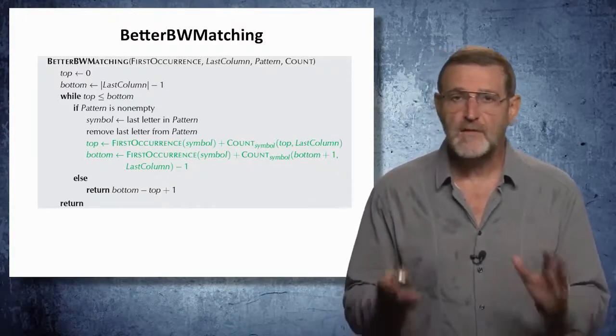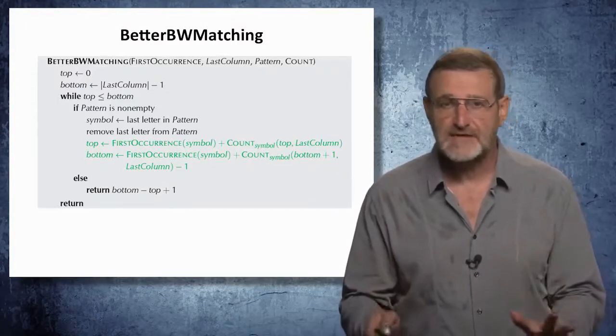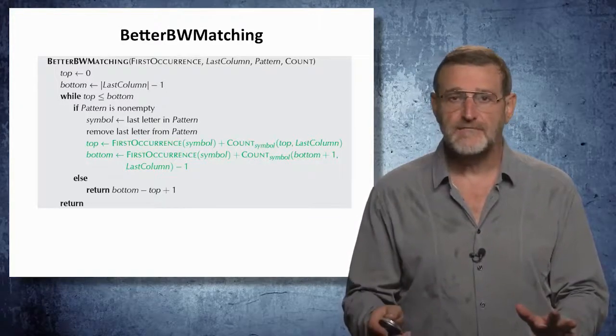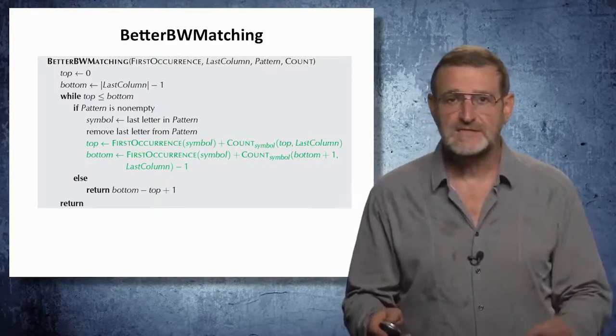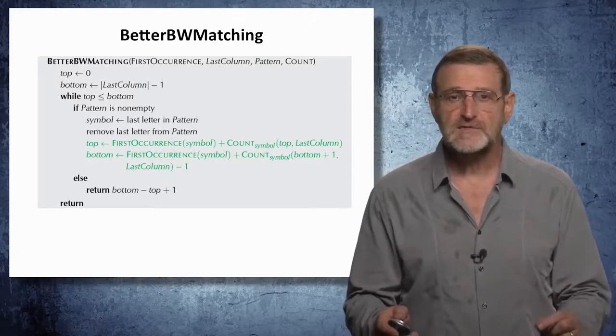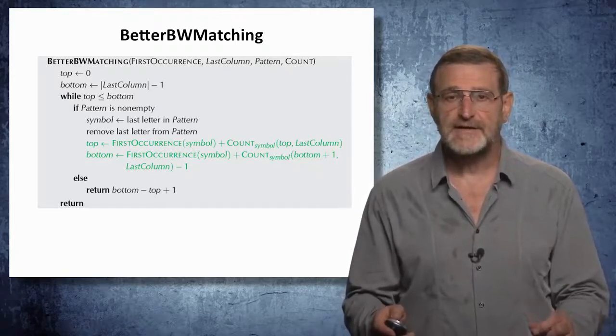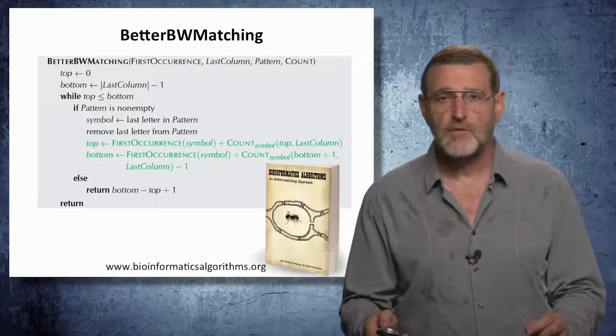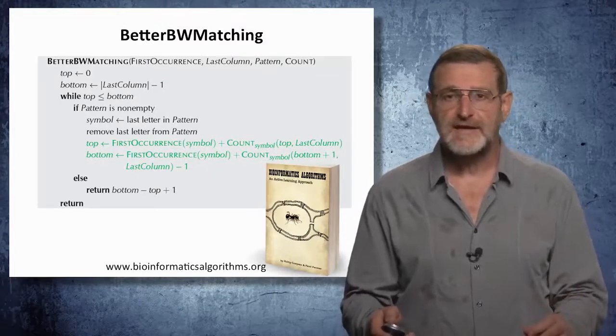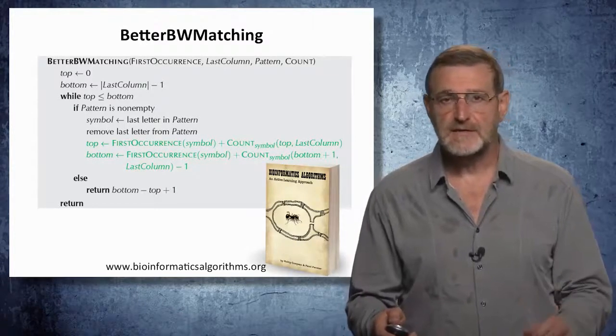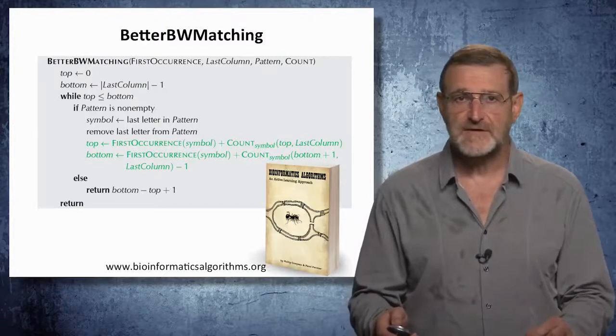If you are wondering about the details of the transformation from the previous 4 lines into 2 lines using the count array, check our Coursera course or get details from our book that describes this transformation.